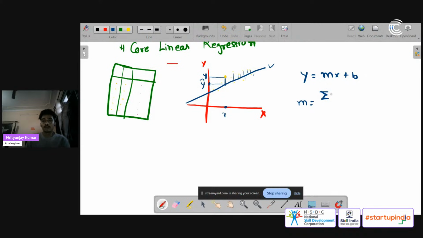So for xi, it will be x minus the mean. All this concept comes from statistics. Just focus on this one. Find the minimum value, because this slope has only one m value, right? So that value is found by this equation.